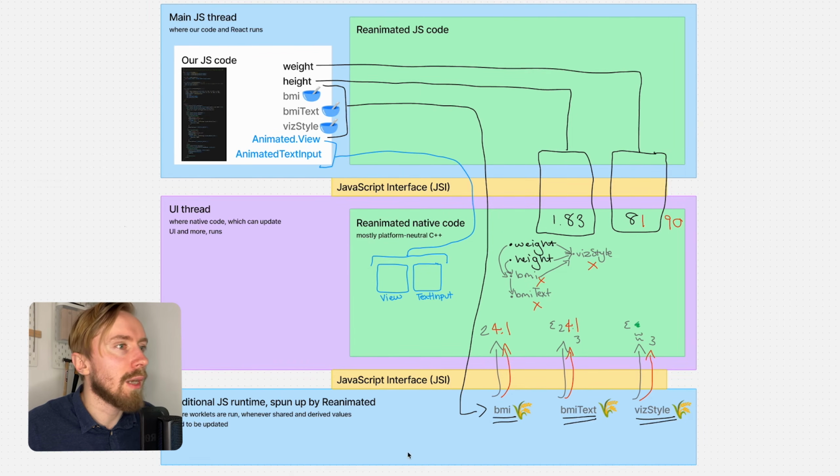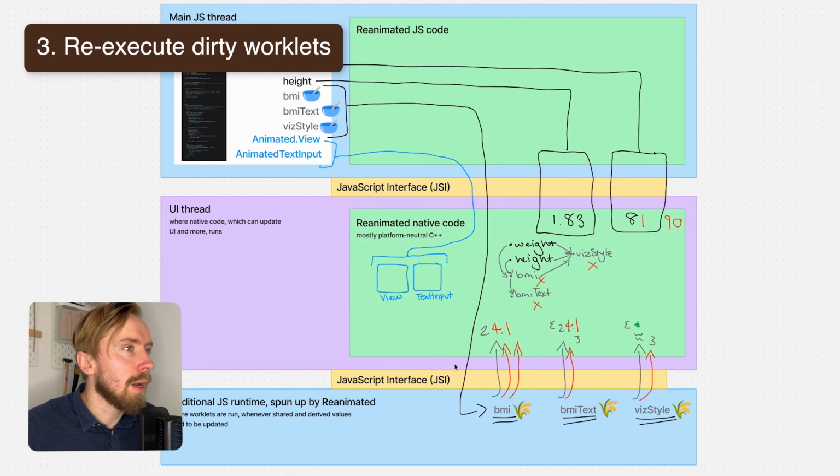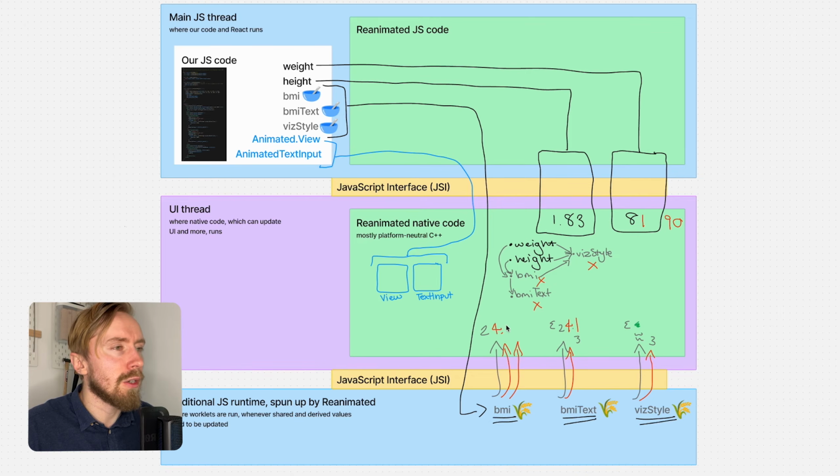So we need to re-execute these worklets again to get the updated value for this second frame of our animation. So we execute BMI. Again, we're slowly moving out of the healthy range ever so slightly. 24.3, then we execute our BMI text, 24.3, and then we re-execute our viz style.